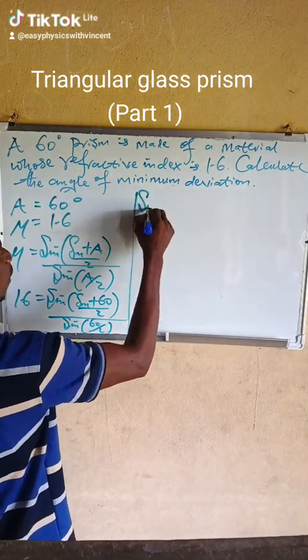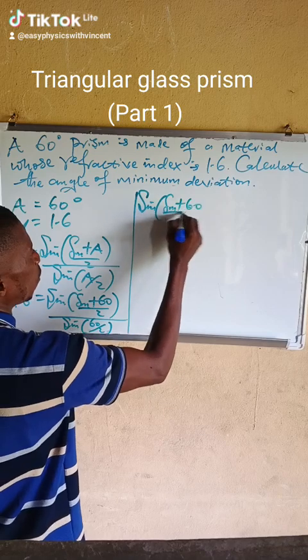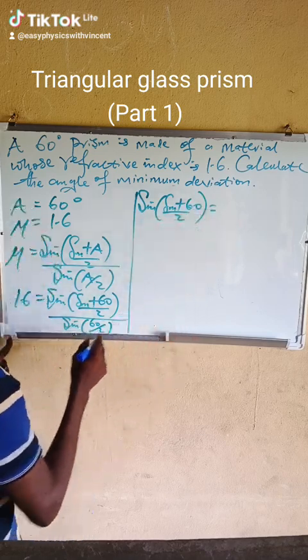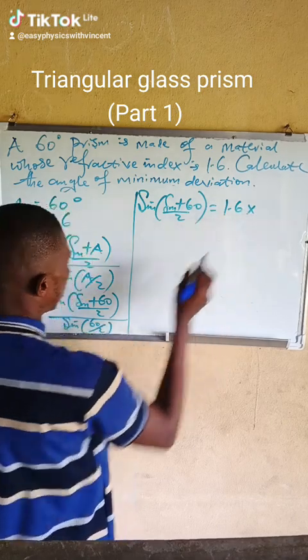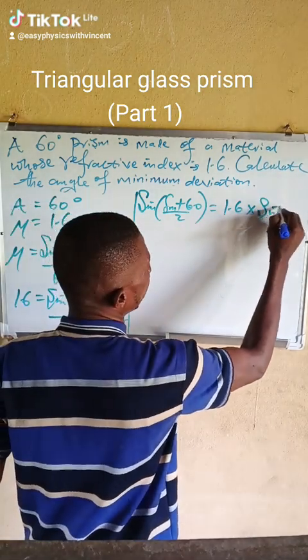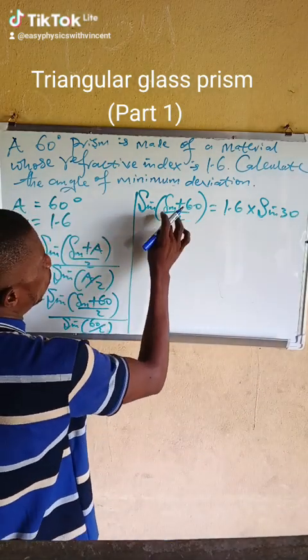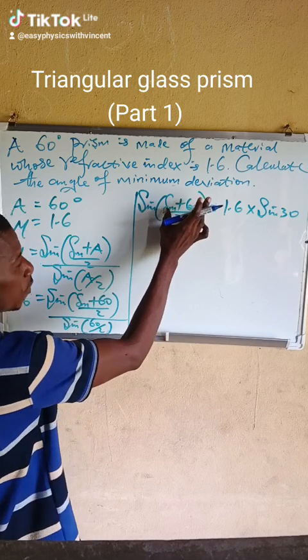That will give me sine of minimum deviation plus 60 over 2 equals 1.6 times, 60 divided by 2 is 30, so sine 30. Now I'm going to make the whole of this inside the bracket the subject of the formula.